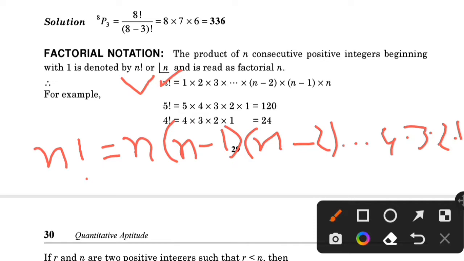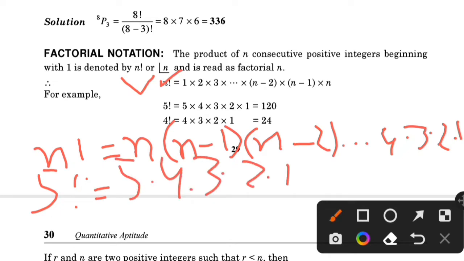If instead of n I have 5, then we write 5, less than 5 is 4, then 3, then 2, and 1. So 5 factorial means the product of 5 and the integers less than 5. It equals 5 4s are 20, 3s are 60, 2s are 120, 1s are 120.